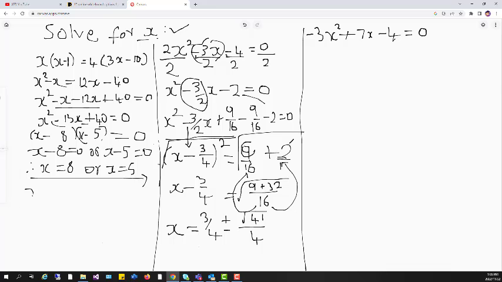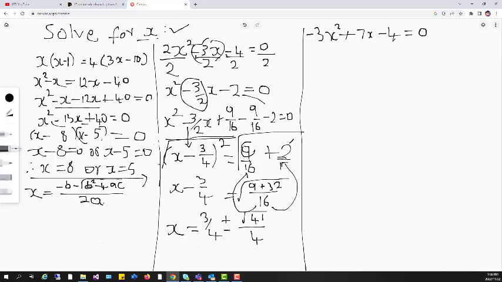If you remember, that quadratic formula was x equals to minus b minus the square root of b squared minus 4ac divided by 2a.